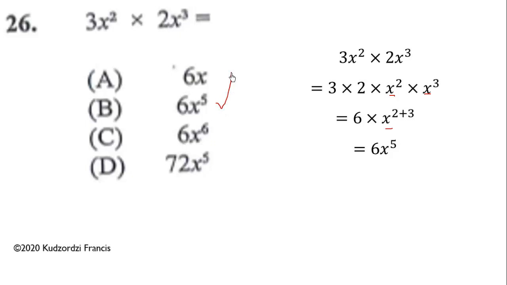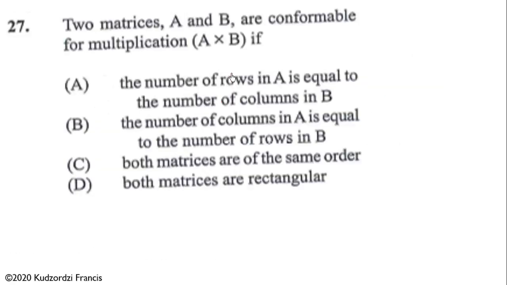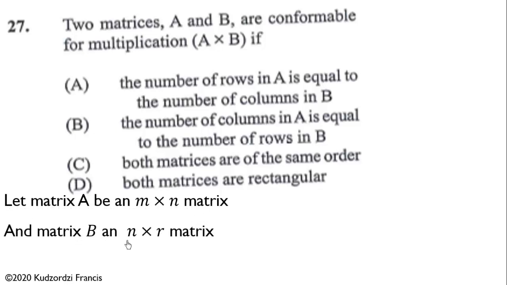Now let's proceed with question 27. So we have these two matrices A and B are conformal or compatible for multiplication A by B, if which of these should hold. Now you know that if we have a matrix A and the dimensions are m by n matrix, then we also have another matrix B whose dimensions are n by r.